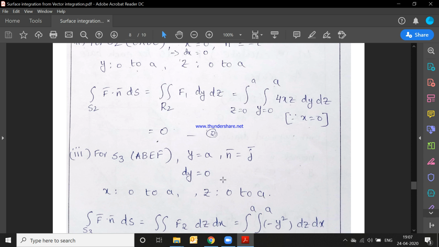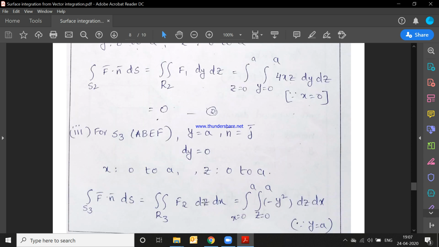If dy is 0, in our function the dy terms are 0, so we get only one term, f2 dx dz or dz dx. X limits 0 to a, z limits 0 to a, and f2 value is minus y square. Substitute it, y value is a, then minus a square is constant, right outside.